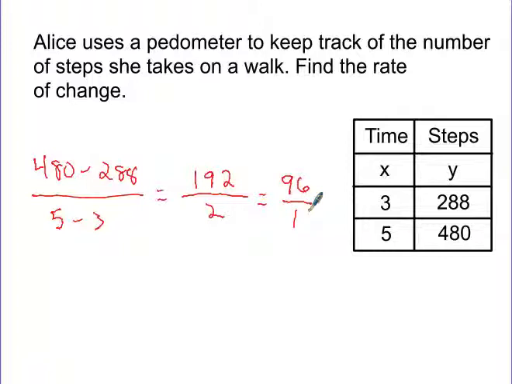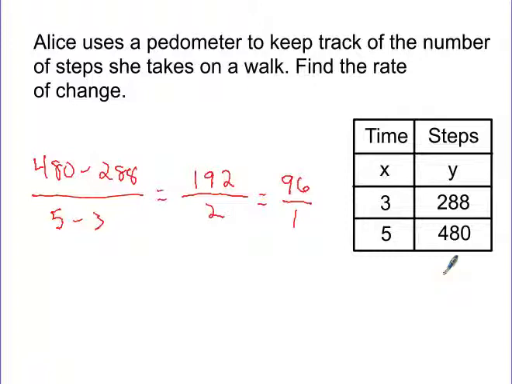And if we're talking about number of minutes that she walks, if she walks 1 minute, it takes 96 steps. That's a pretty good rate she's moving at, right? And then we would be able to use that rate to predict how many steps she would take in 10 minutes or 20 minutes or whatever if she continued at that same rate.